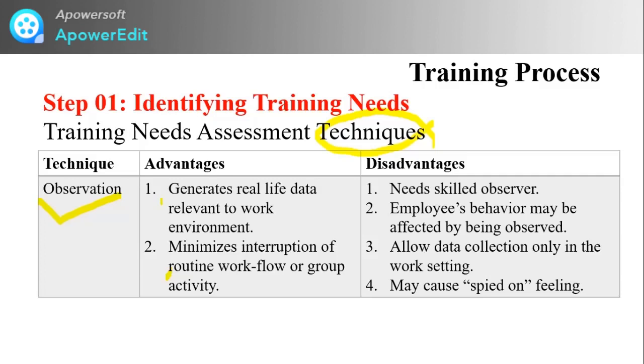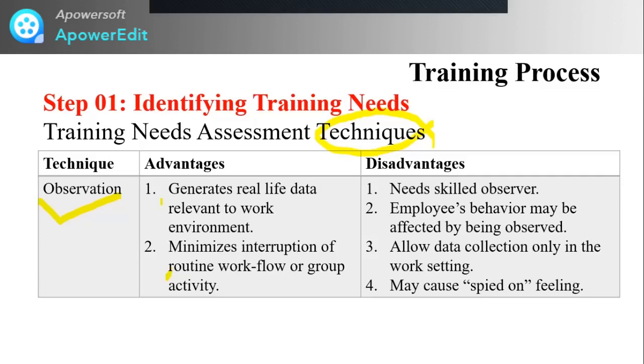There should be a skilled observer. As a manager, as an outsider, I can go and observe the employee behavior, but sometimes I cannot identify the real performance gap, the workers' inappropriate behavior, because of lacking observation skill.